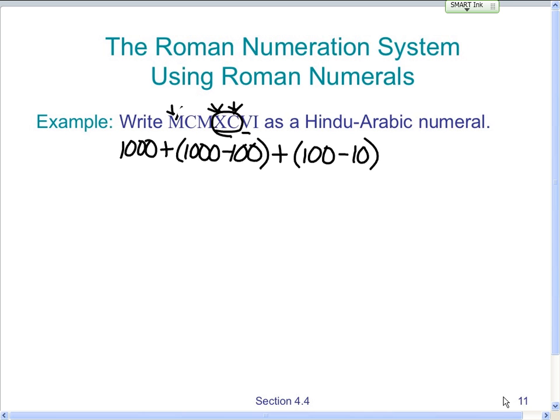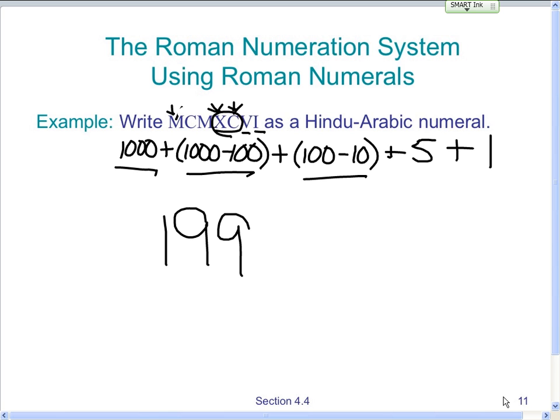Then I have V and I. V is smaller than the C, and I is smaller yet, so I have 5 plus 1. Looks like an I. Let me change that. 1. All right, so let's see what this is. This is 1,996.